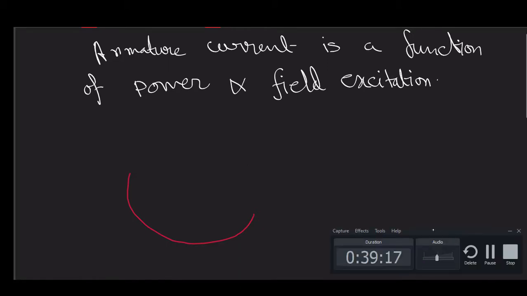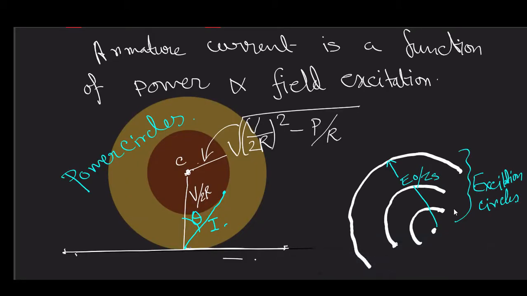Just a minute. I have already spent about 15-20 minutes drawing all these diagrams, so I kept it on hold. Now here you can see that we have discussed two types of circles. One is the power circle, another one is our excitation circle.